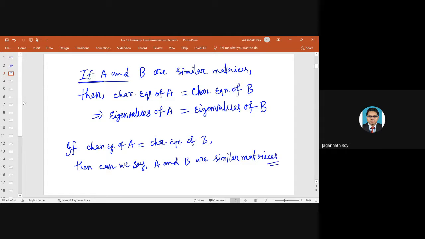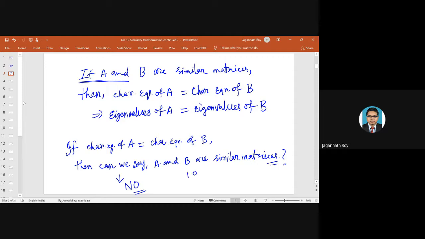Okay, the answer to this question will be no, because we have seen earlier one example: if we take the matrices [1 0; 0 1] and [1 1; 0 1], they are not similar.